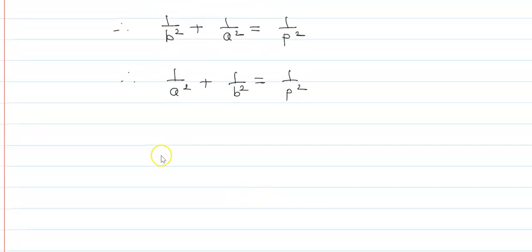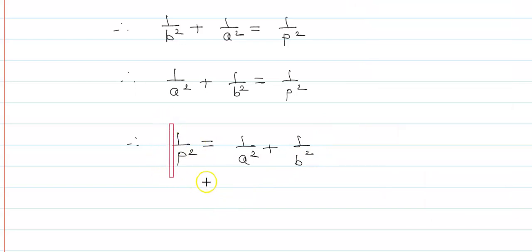Finally we write here, therefore 1 upon p square is equal to 1 upon a square plus 1 upon b square. We wanted to prove this.